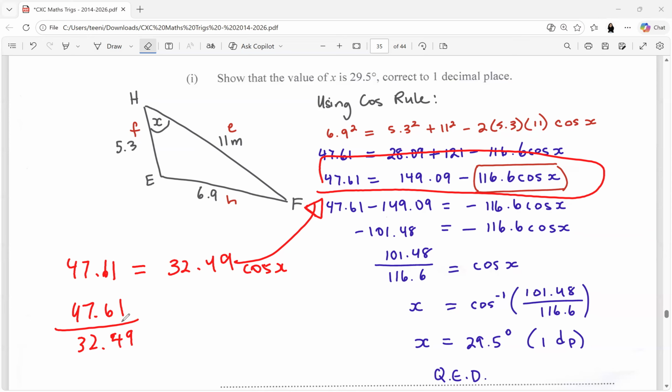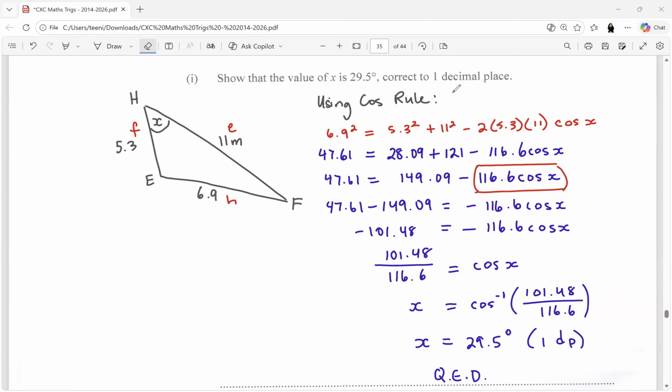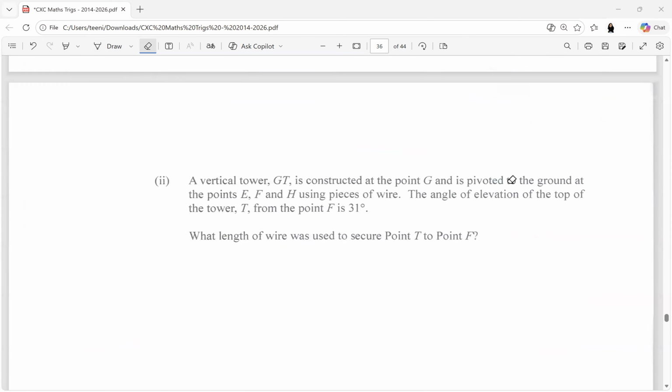You'll get an error because this is equal to 1 point something, and cos only exists between 0 and 1. So there's no cos of a number greater than 1. So please be careful when you're doing questions like this, where you're finding an angle using the cosine. It's a tricky part algebraically that gives students trouble.